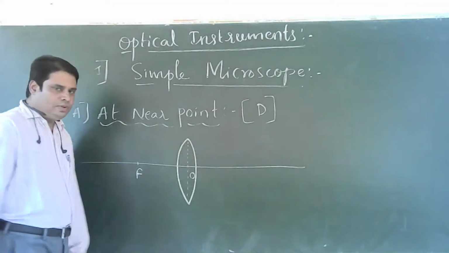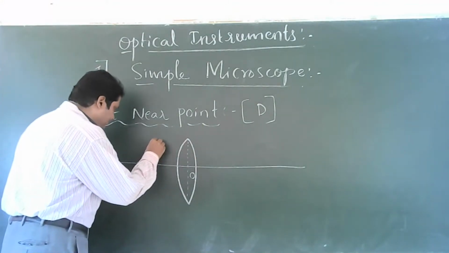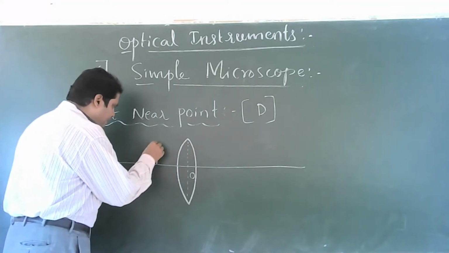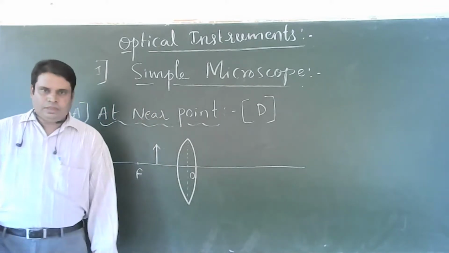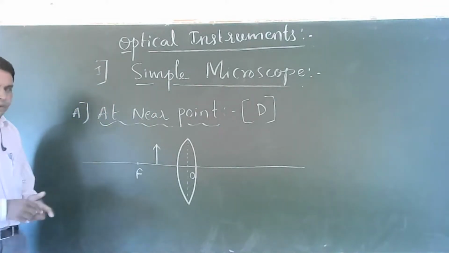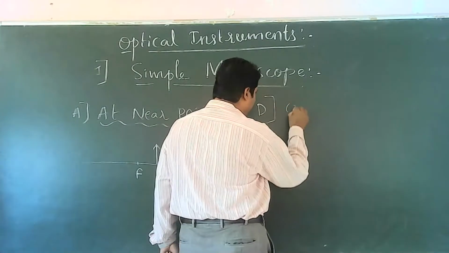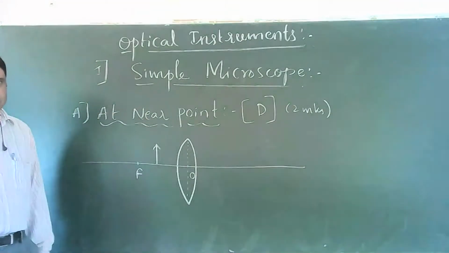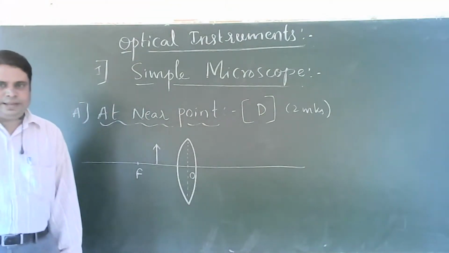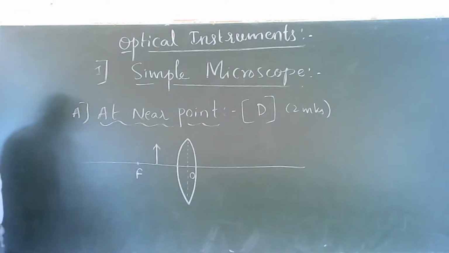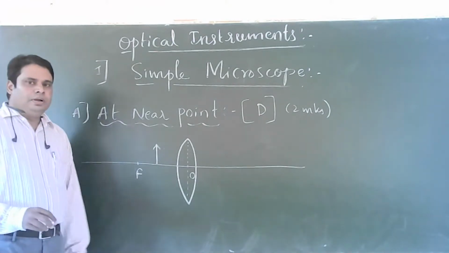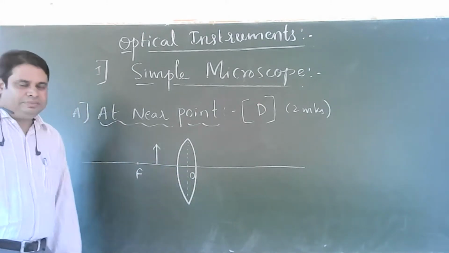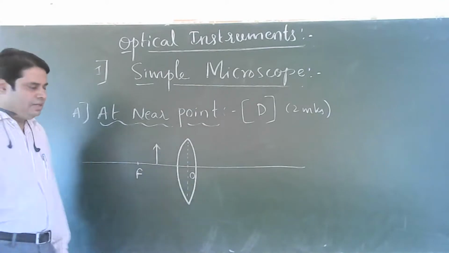At the near point, when the object is placed, note this, you will get this question for 2 marks only, not more than 2 marks. When the object is placed between F and O, we know what the nature of the image formed is.